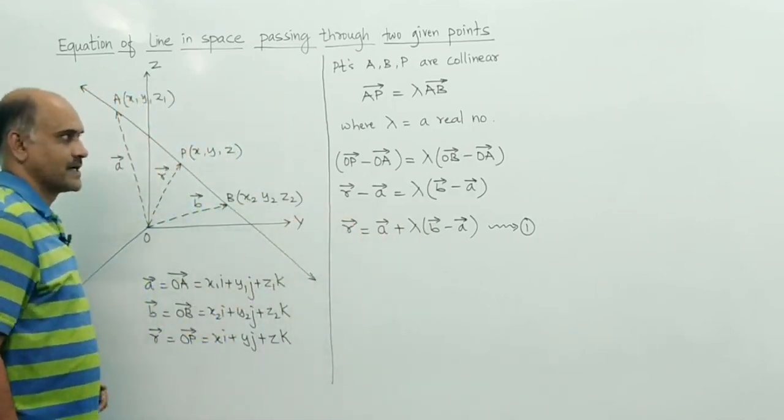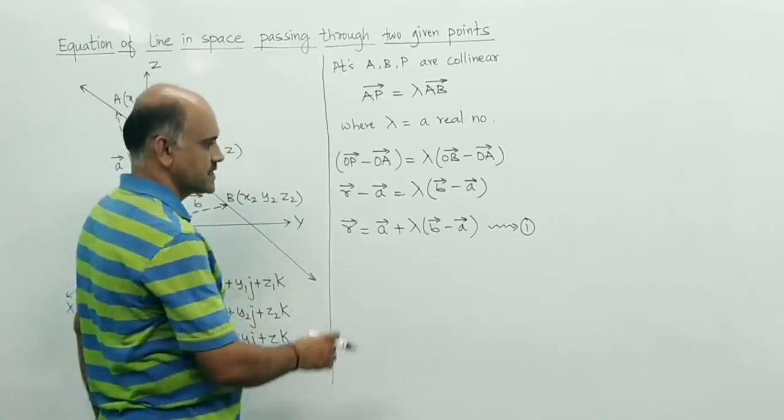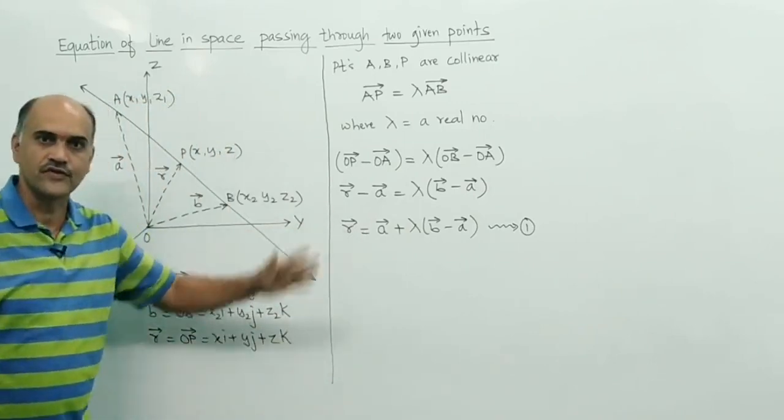Now, second part, we will take the Cartesian form. For Cartesian form, substitute R, A and B in this equation 1.